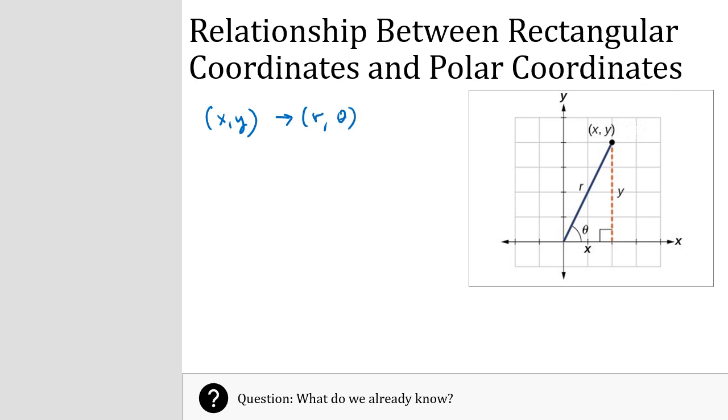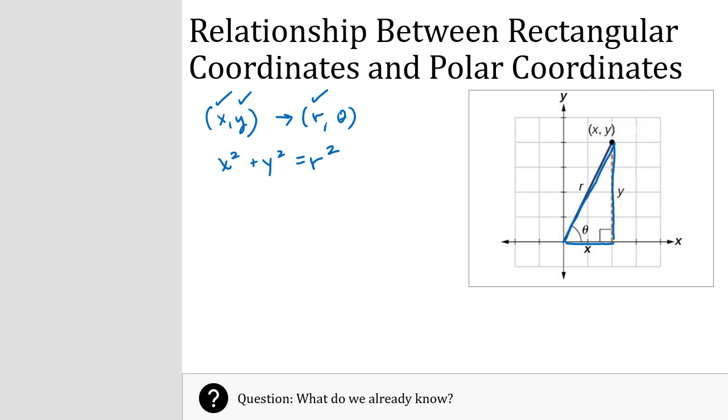So using this right triangle that we see in this image will help, because what we already know is that if we're given an x value and a y value, then we can find an r value, can't we? And we can do that by the Pythagorean theorem. The Pythagorean theorem would say that x to the second plus y to the second is equal to r to the second. So therefore, given an x and a y, we can find r, can't we?